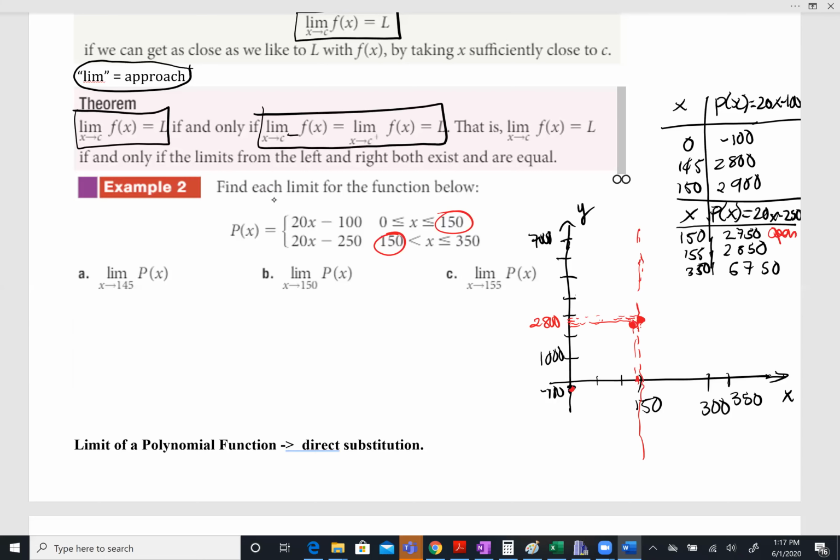So 2750 for 150. Not really easy to write, but it is an open circle here. And then 155 will give me 2850. So 2850 here.